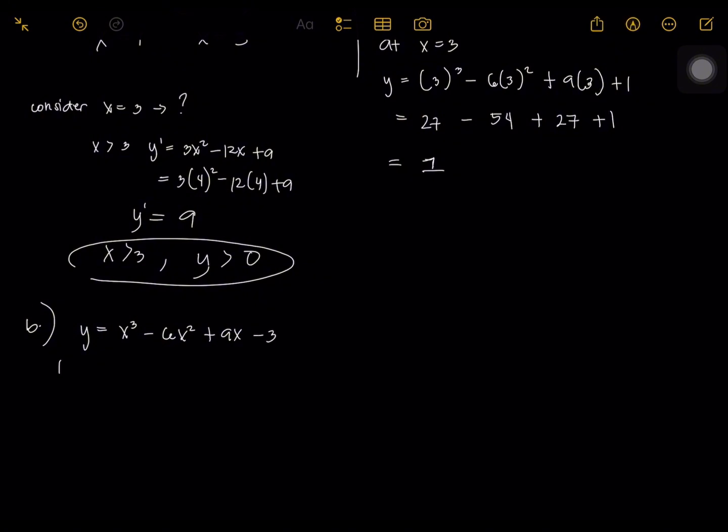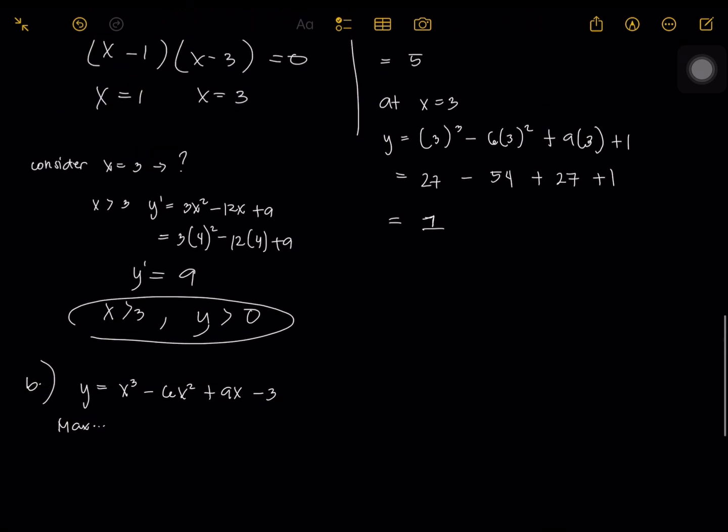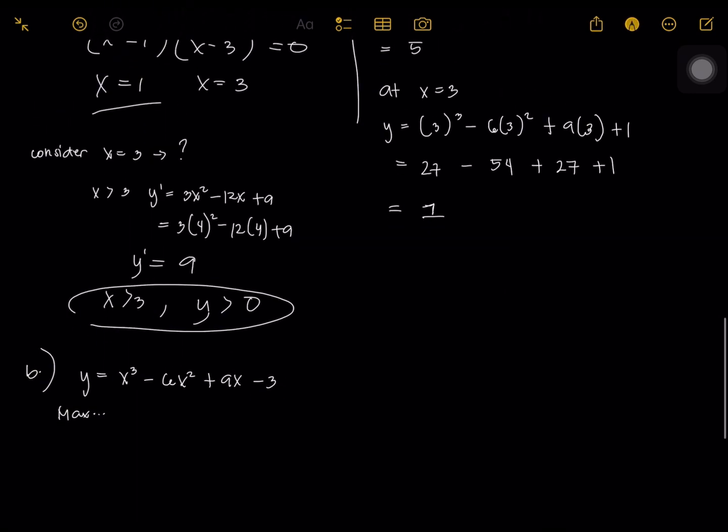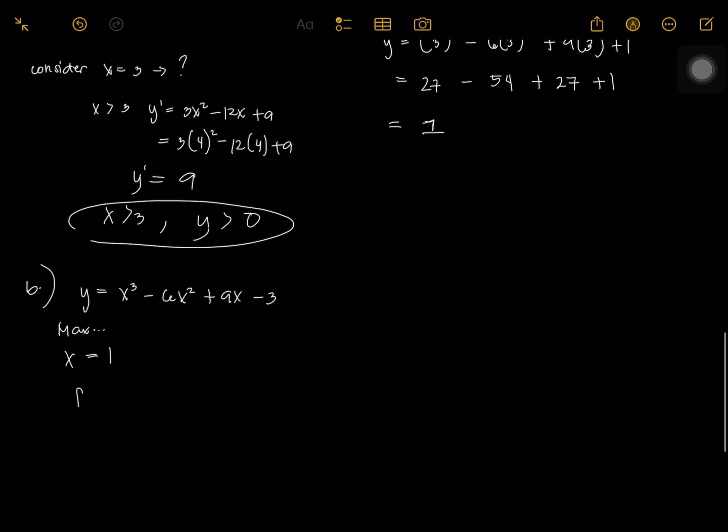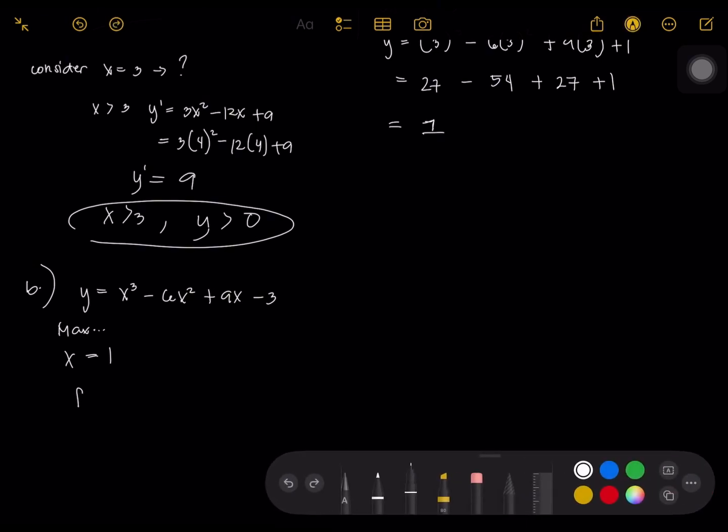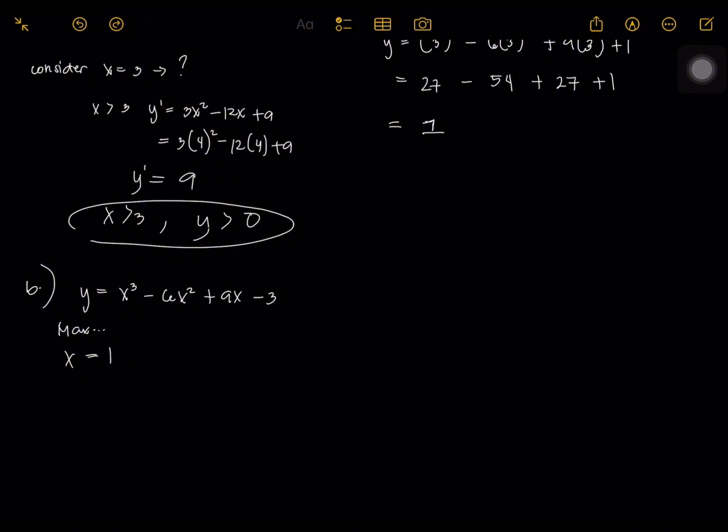For the maximum value, we have x equals 1, so y equals 1 cubed minus 6 times 1 squared plus 9 times 1 minus 3.